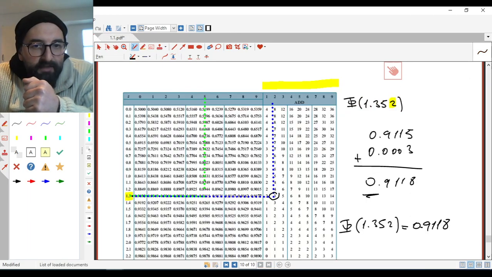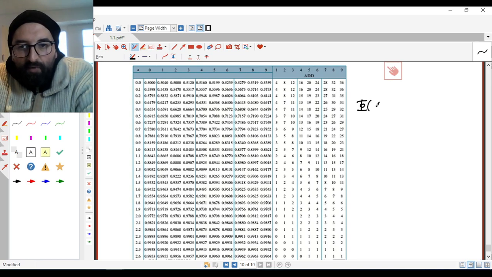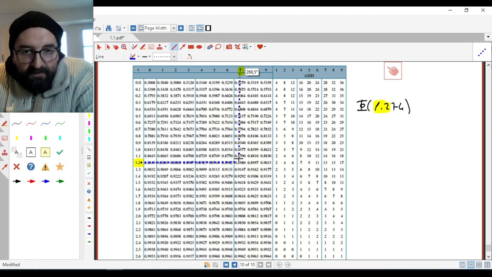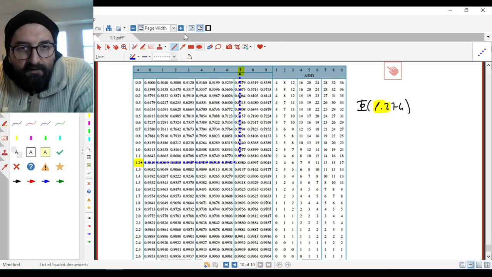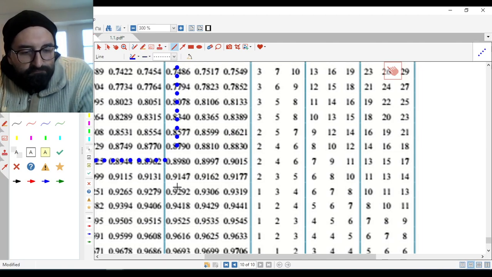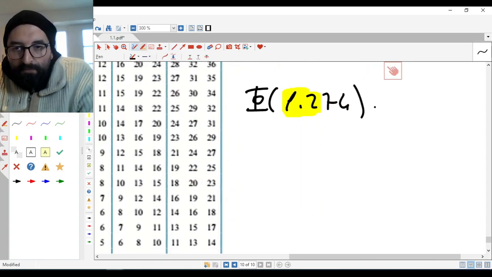You have to look at the z table and find phi of 1.274. First find 1.2 here, and second 7, and see which number they meet. They meet 0.8900.